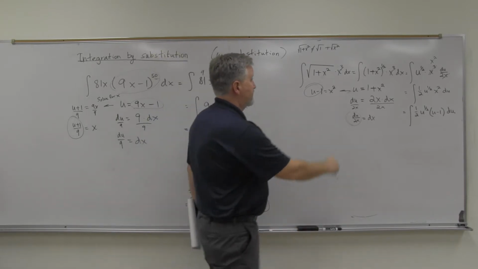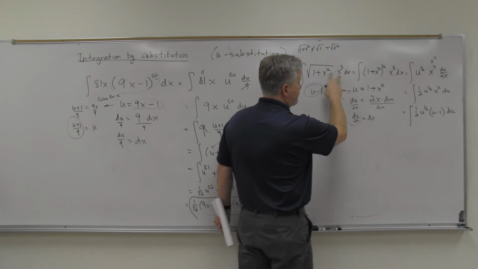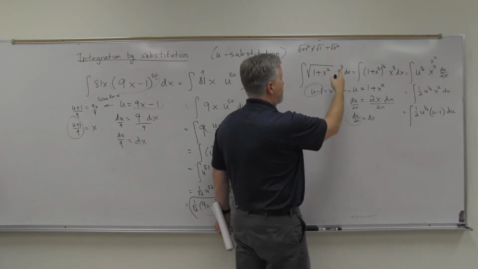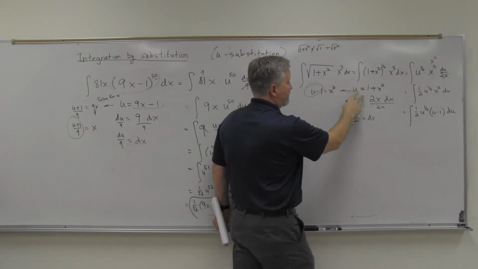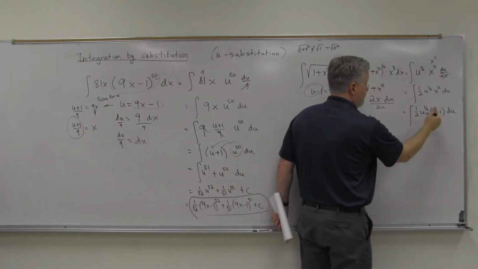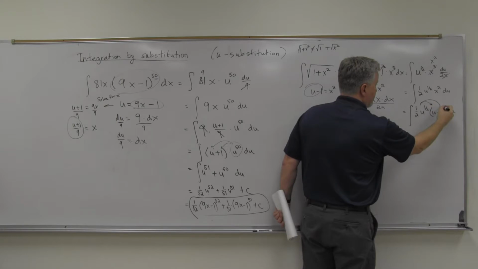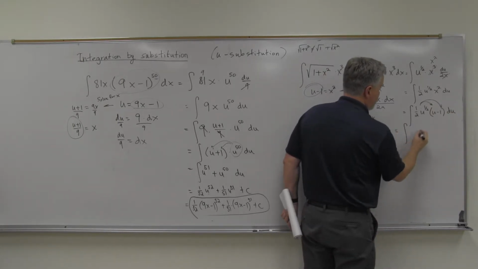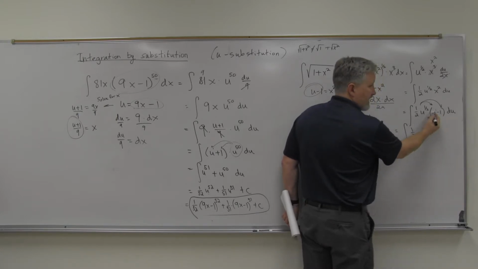Well, previously I can't multiply that easily together anyway, but this is not too bad. If I go ahead and distribute that 1/2 u to the 1/2, that'll be 1/2 u to the 1, so I'd add those exponents.